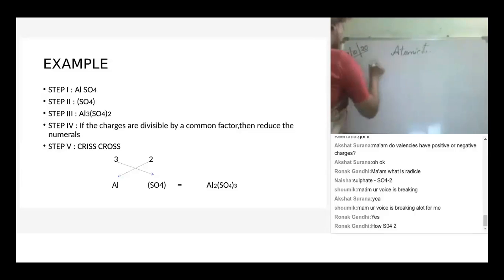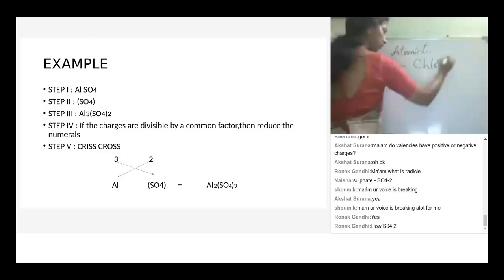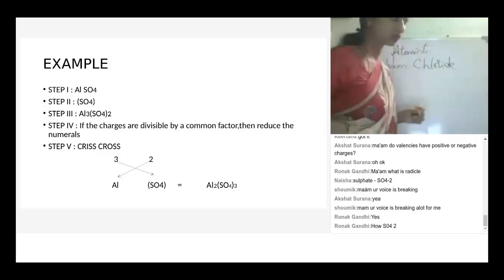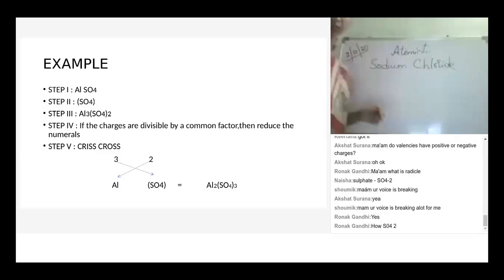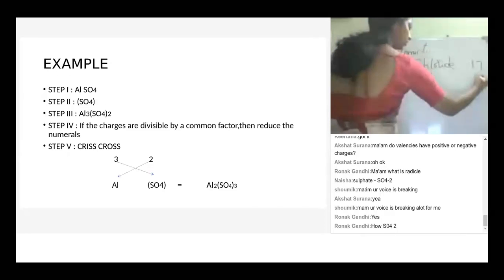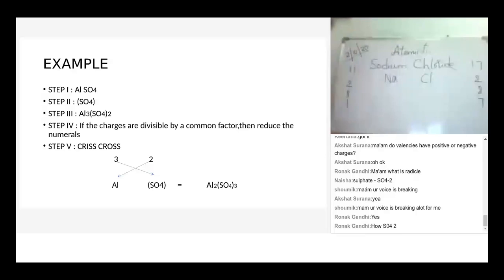One more example, sodium chloride. Sodium has atomic number 11, configuration 2, 8, 1. Chlorine has 17, configuration 2, 8, 7.